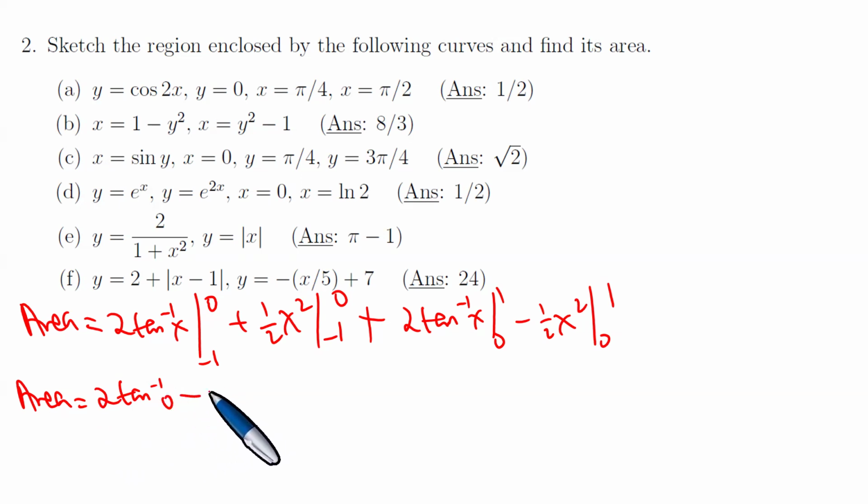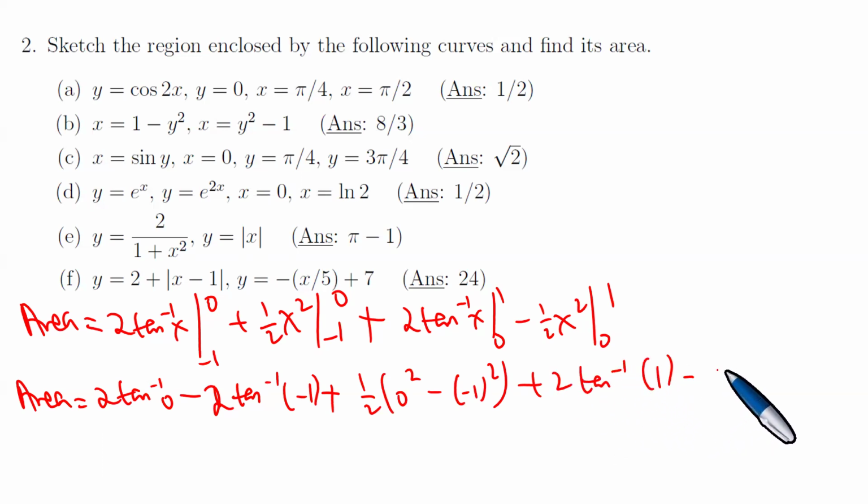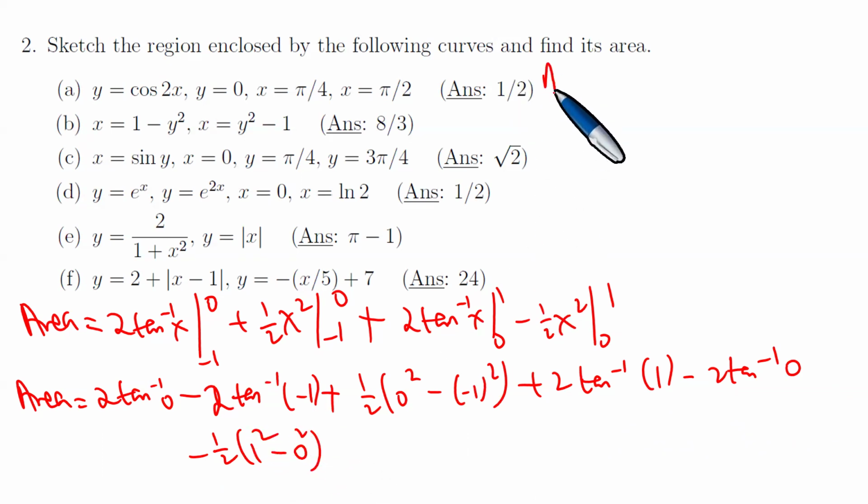Two arctan 0, 2 arctan -1, minus 1 squared, and then plus 2 arctan of 1 minus 2 arctan 0 minus 1/2 times 1 minus 0 squared. Area.